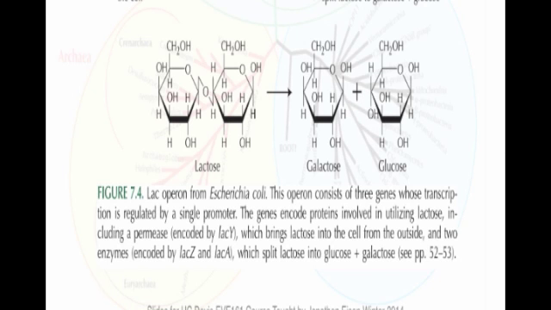Somewhere inside this transcript there will be a start site and an open reading frame, and you will translate that into protein 1. And then there'll be another start site, and you will translate that into protein 2, and another start site, and you'll translate that into protein 3. And this whole region is called an operon.